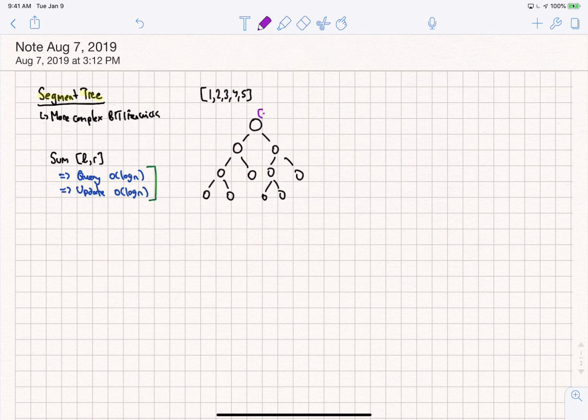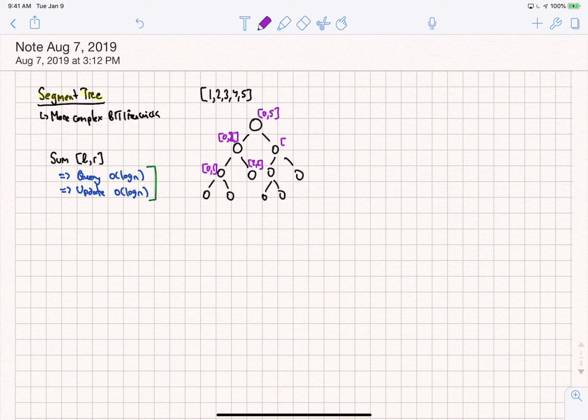So we're going to say this upper node is elements 0 to 5. Now this upper node is elements 0 to 3. Now this node is 0 to 1. Actually, this one's 0 to 2, sorry. And this one is 2 to 2. So what we're going to do is divide by 2 and round down.